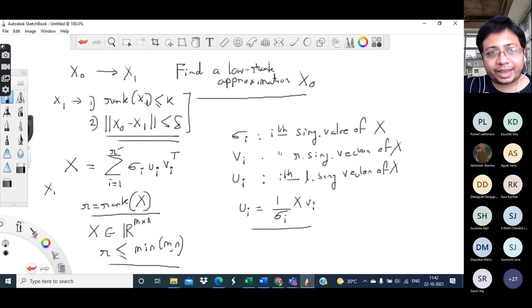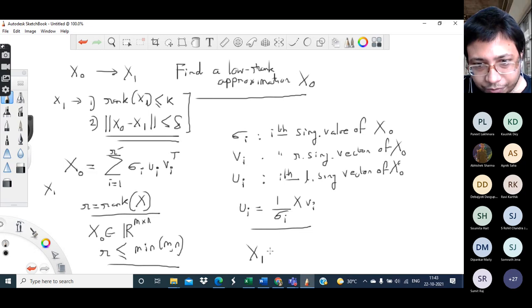That is, its rank will not be more than k, and its Frobenius norm of its difference from x should be bounded by this quantity delta. Instead of x, let me write it as x naught for uniformity of notation.